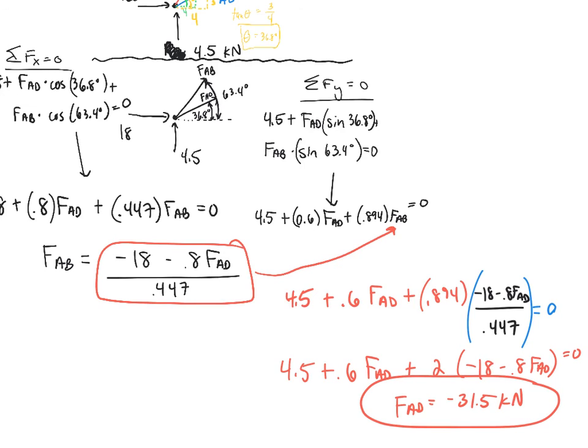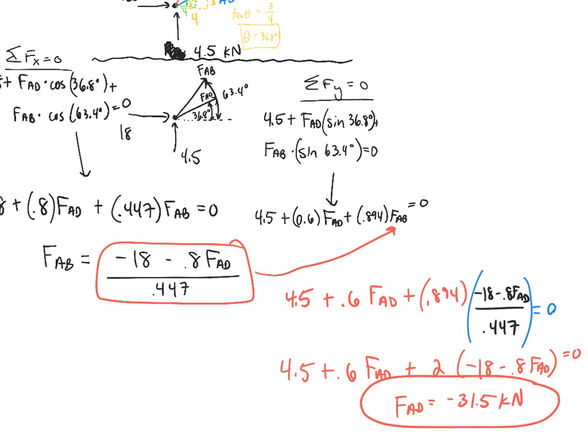So that's FAD. Once you get FAD, you can plug that in here or here, either spot. If you plug FAD in here, you get FAB. If you plug FAB in over here, you get FAD. So once you get one of the members, plug it in to get the other one. And that'll yield FAB of 16.1. Take this number and plug it in either here or over here.